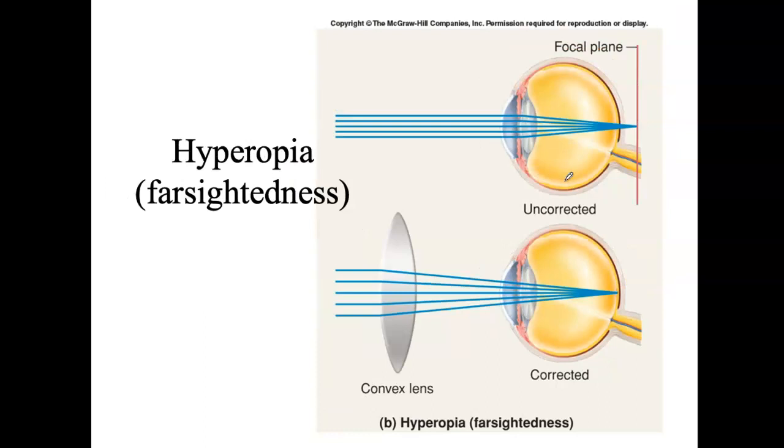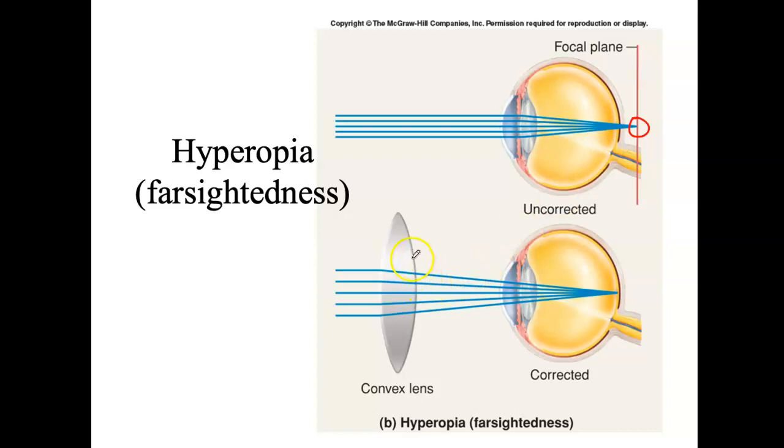What about hyperopia? Well, it's the other way around. That eyeball's too short. So if the eyeball's too short, then the focal point is going to be essentially beyond where the retina is, and it's not going to be in focus. So in that case, what you have to do is not open up those rays, but close them in more.